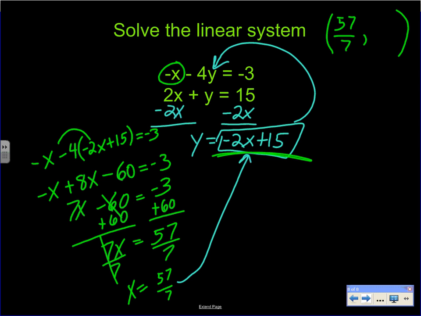It's almost saying x is equal to something. So instead of substituting in for x to solve for y, I want to show you another method that you can do, which is very similar to what we've been doing.